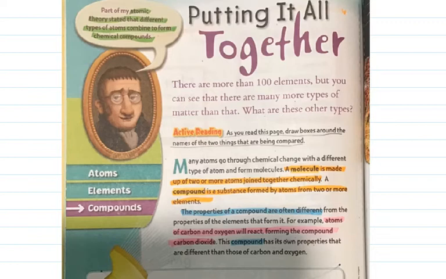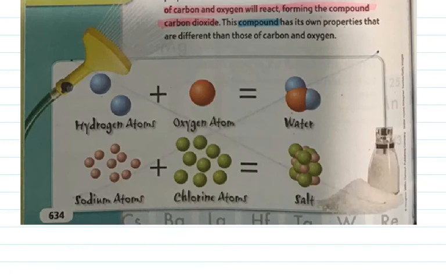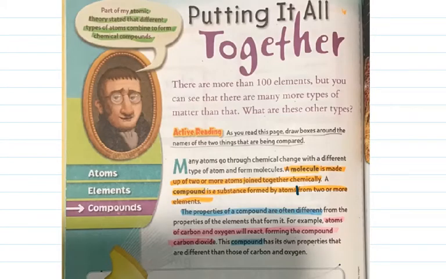Let's talk about the bottom of this page. Well, before we talk about even the bottom of the page, what's our active reading? Okay, well, if you said from two or more elements, you would be correct.